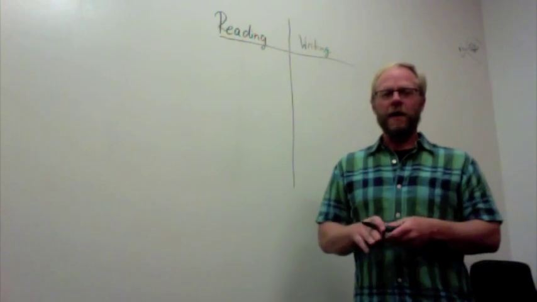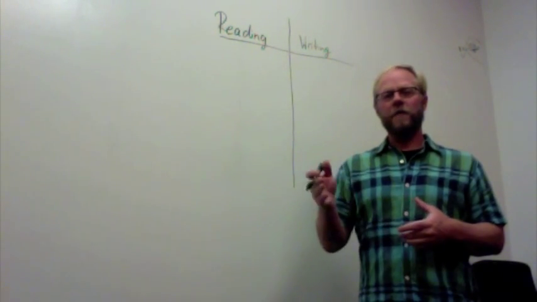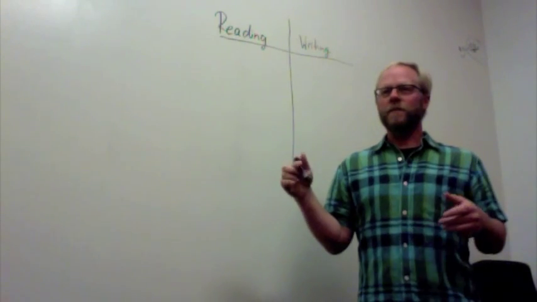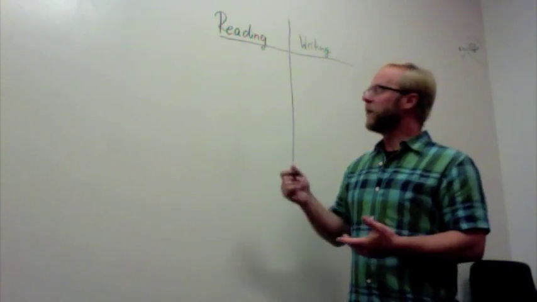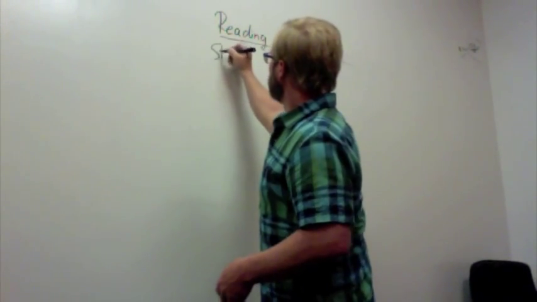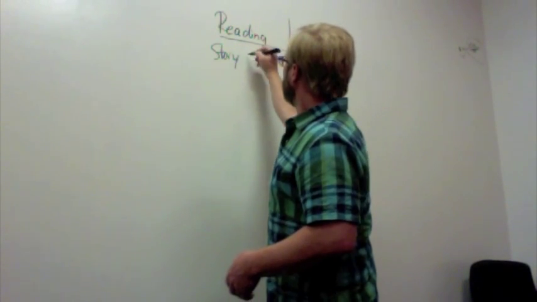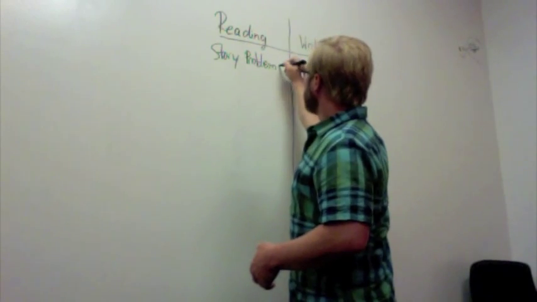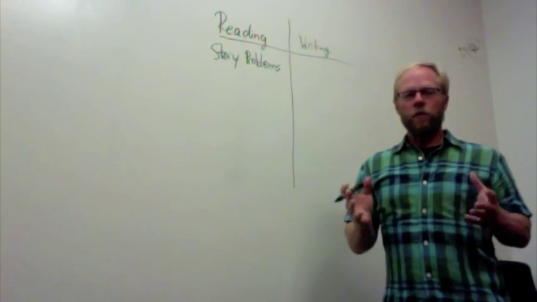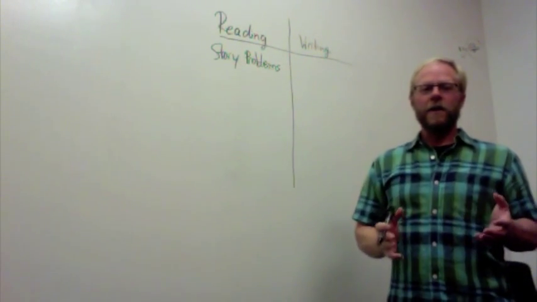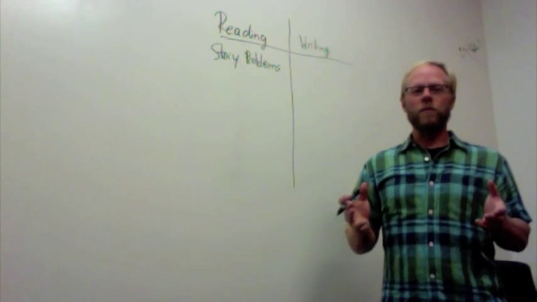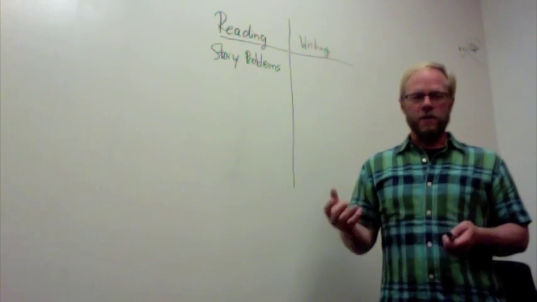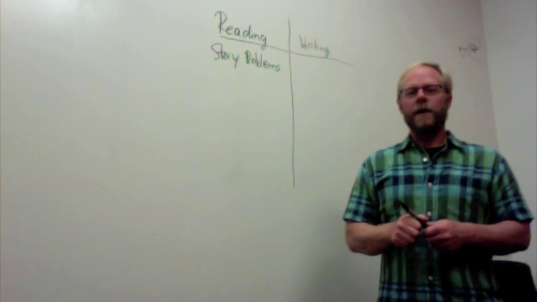The most parallel kind of reading that you might think of in relation to reading an actual text would be story problems. So we use story problems a lot, or contextual problems, in math class, where students have to read some kind of text and make some sort of mathematical moves to find a solution to a story problem.